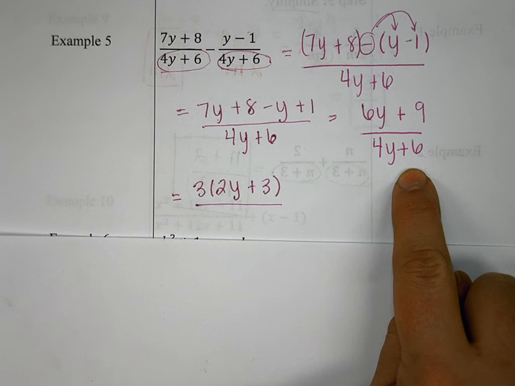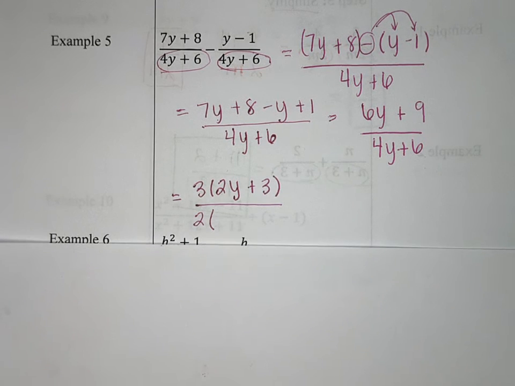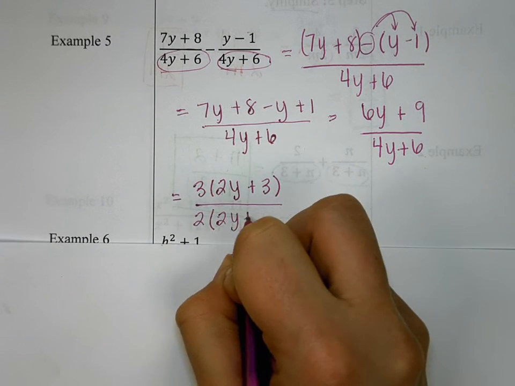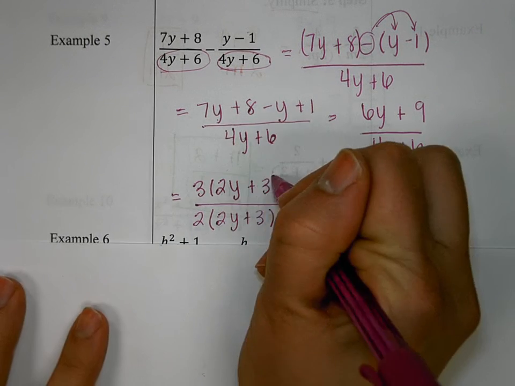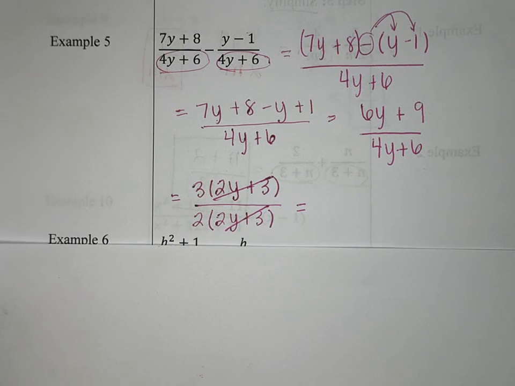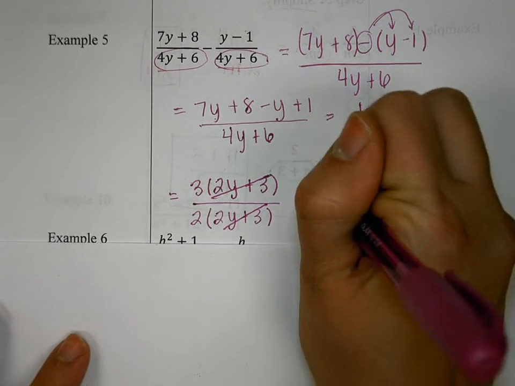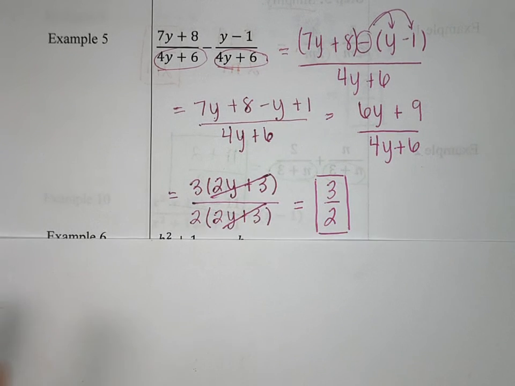What's the GCF? 2. So that's 2 times 2y plus 3. Do you see anything that cancels? Yeah, 2y plus 3 and 2y plus 3. So what am I left with as my answer? 3 over 2. Excellent. That's it.